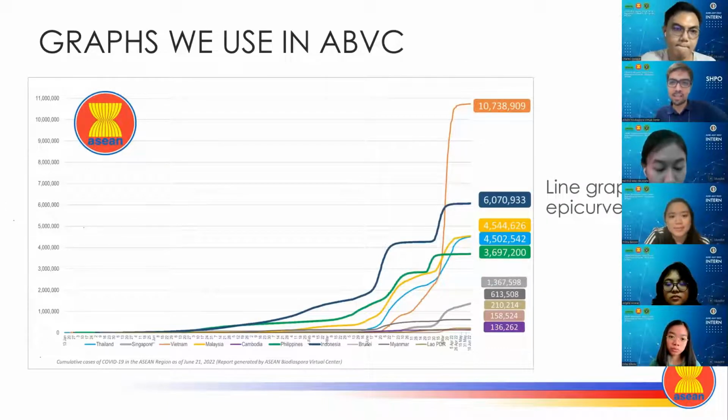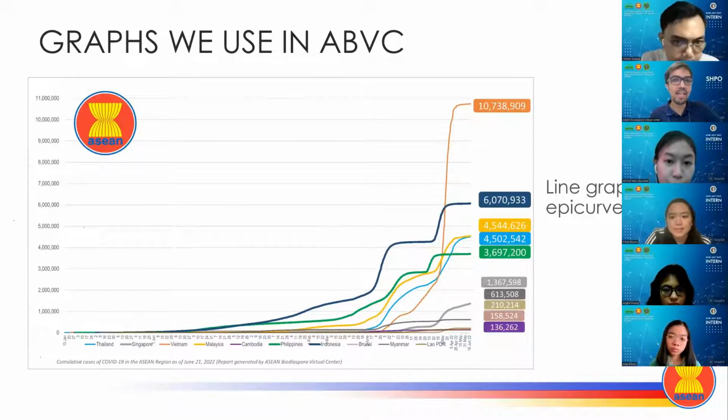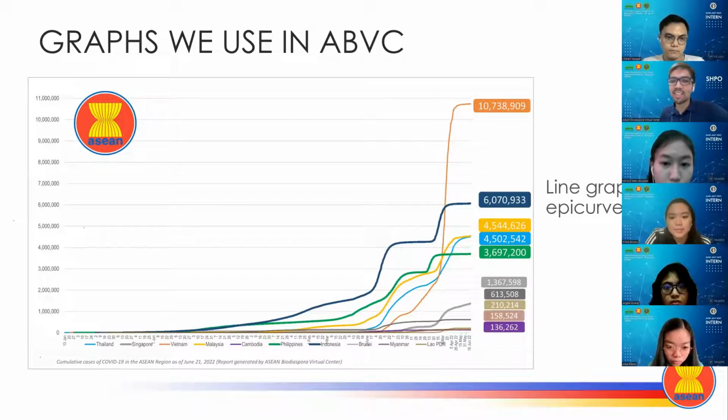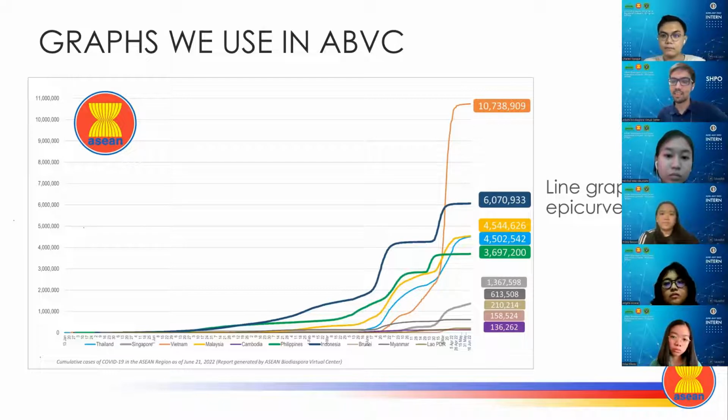If you notice, Vietnam has 10 million cases. So what happened to them? They used to have 200 cases during 2020, and then we are surging. And now, they are so high.